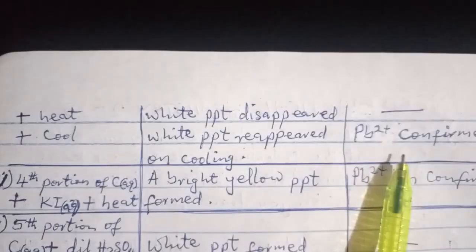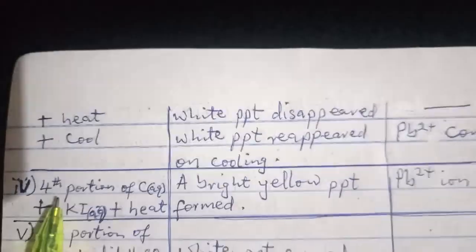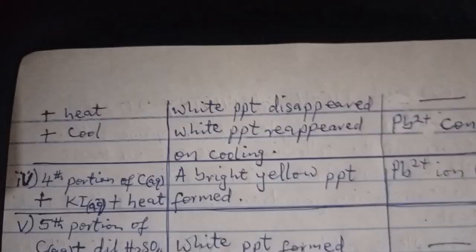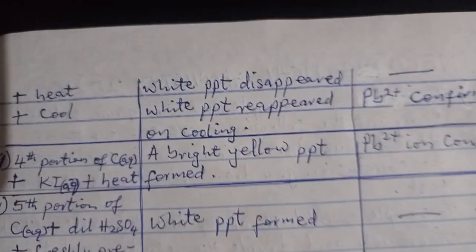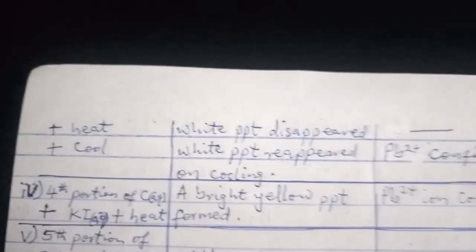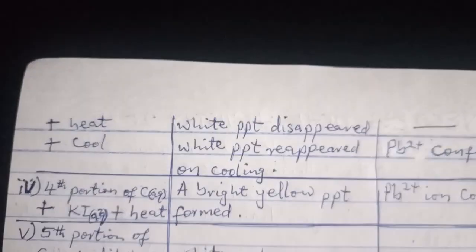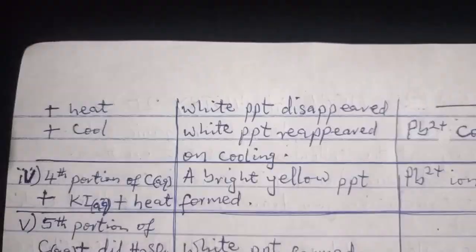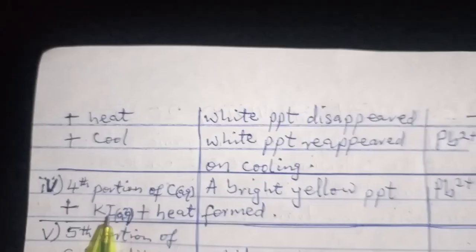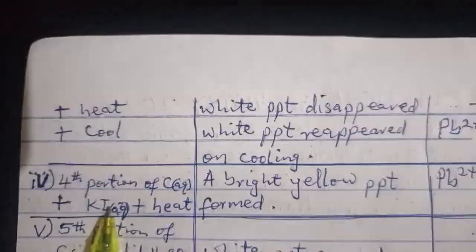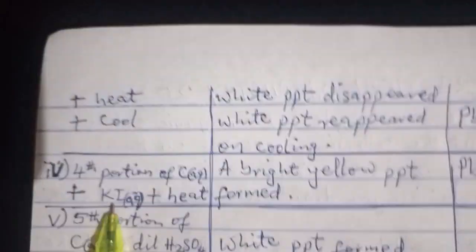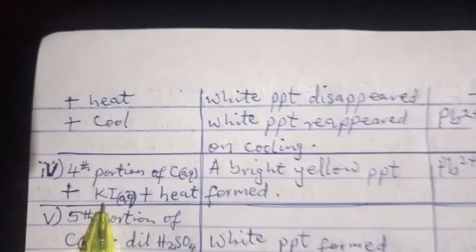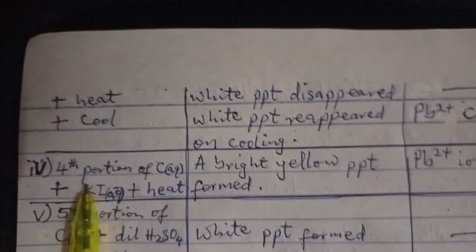Or you can as well confirm it in this other way, because I do not know whether they will give you dilute HCl or they will give you KI, aqueous solution of potassium iodide, for confirmatory test. So you can also use this to confirm that. So take the next portion and test.